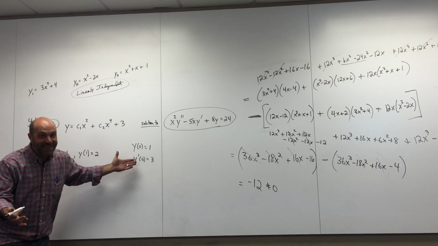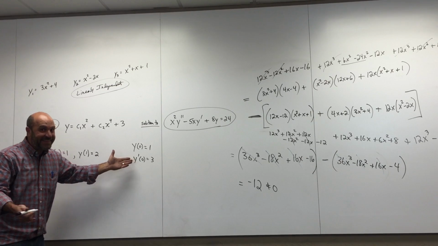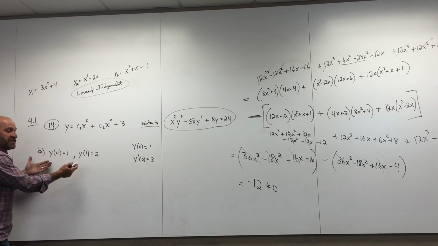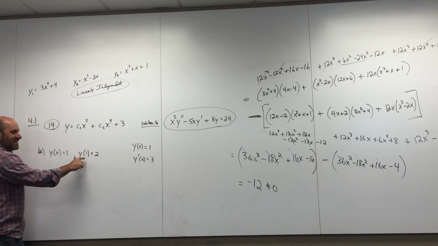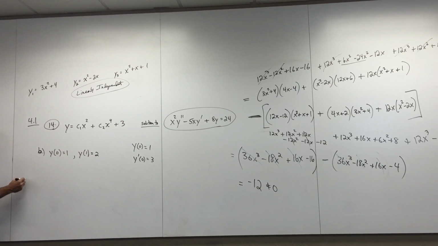All right, so technically, these aren't initial conditions because why? There's a y of 1. Yeah, because it's like a boundary condition. Now I've got some curve, and what they're saying is when x is 0, y is 1, and then there's another condition over here: when x is 1, y is 2.